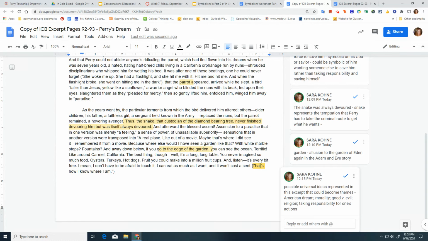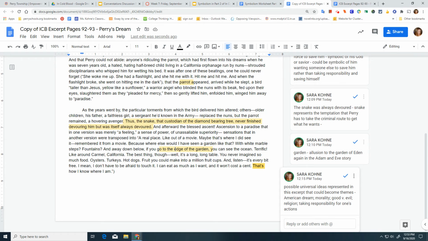Okay, so when I look at all this together, the symbolism and the allusions to the Bible, and try to make meaning of it and come up with some universal ideas related to this excerpt on pages 92 through 93 of In Cold Blood, some possible universal ideas that could become themes are the idea of the American dream and how it's not accessible to everyone, or that sometimes in order to achieve the American dream, people don't always take the moral route.